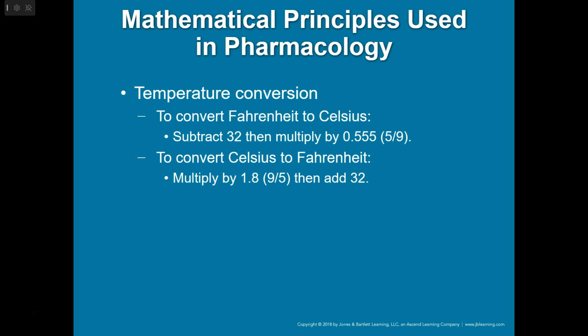Temperature conversion. Typical normal body temperature is 98.6 Fahrenheit or 37 degrees Celsius. To convert Fahrenheit to Celsius, subtract 32, then multiply by 0.555 or 5/9. To convert Celsius to Fahrenheit, multiply by 1.8, then add 32.